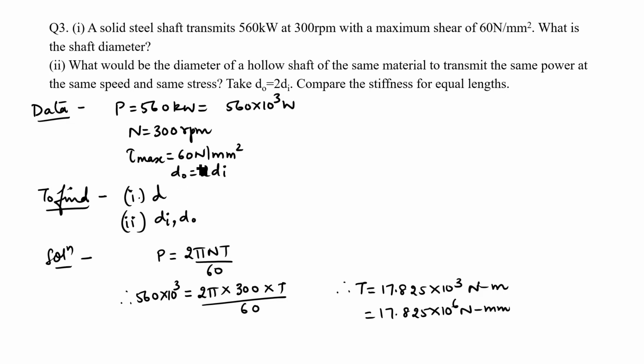Now we are going to use the strength criteria for calculating the value of diameter for both the cases. Now theta is not given, so I can't use rigidity criteria. So for case 1, T by J is equal to tau max upon R. Therefore, the value of T is 17.825 into 10 raised to 6.